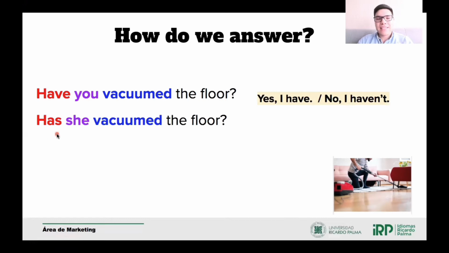If we ask her, in this case, has she vacuumed the floor? We can say, yes, she has, or no, she hasn't. Remember that have and has, or haven't and hasn't, these are our auxiliary verbs. So we can put them in negative, we can put them in questions.